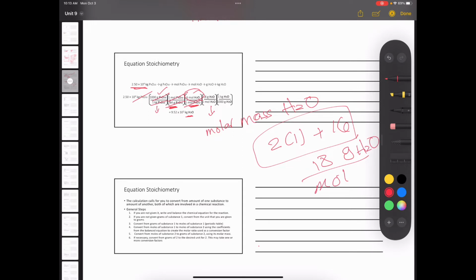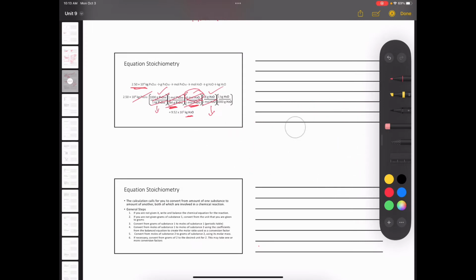You use this as a conversion between moles of H2O and grams of H2O. So now moles H2O cancel out with moles H2O, and I have grams H2O. Last step is to convert that back into kilograms, because we started with kilograms, so we have to finish with kilograms. So you divide that by a factor of 1,000 based on our metric system conversions.